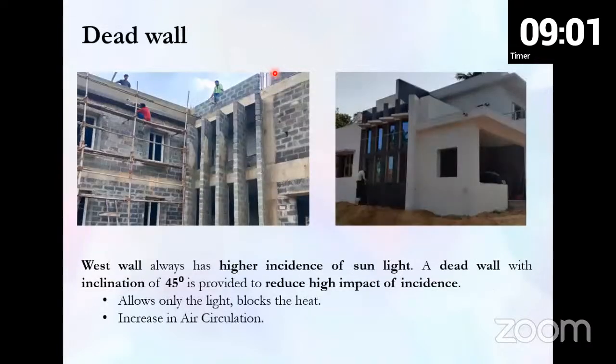Along with this, we are using a dead wall concept on the north and west facade. After 12 o'clock, the sun rays become very harsh. So to reduce those harsh rays and only allow the light inside, we are using these dead walls, or curtain walls, as we call them.